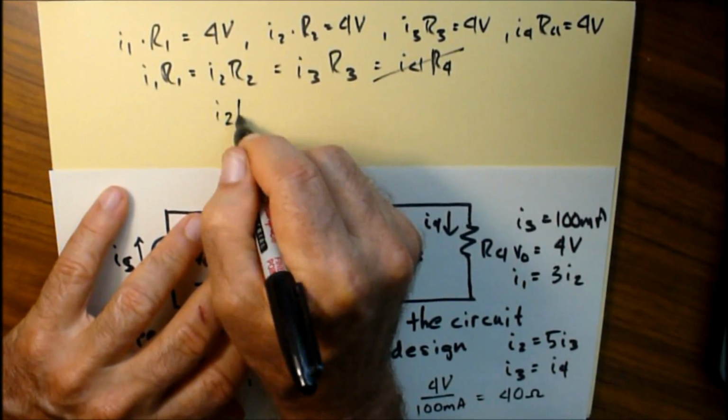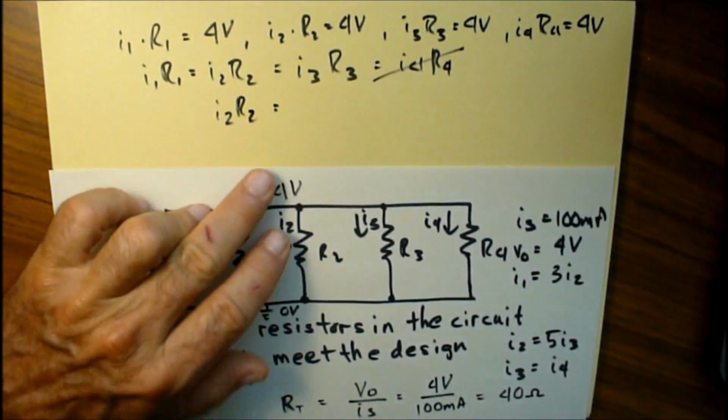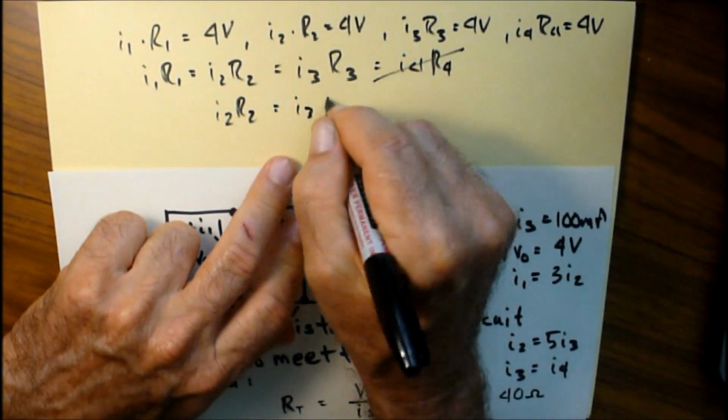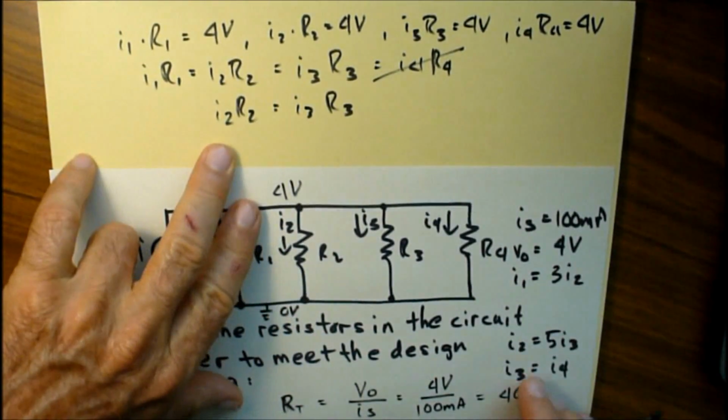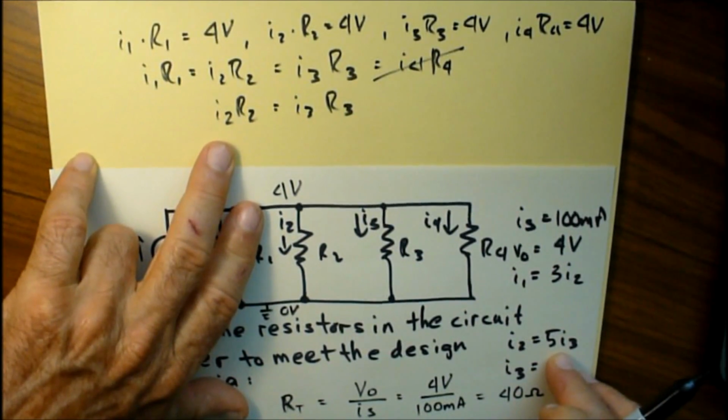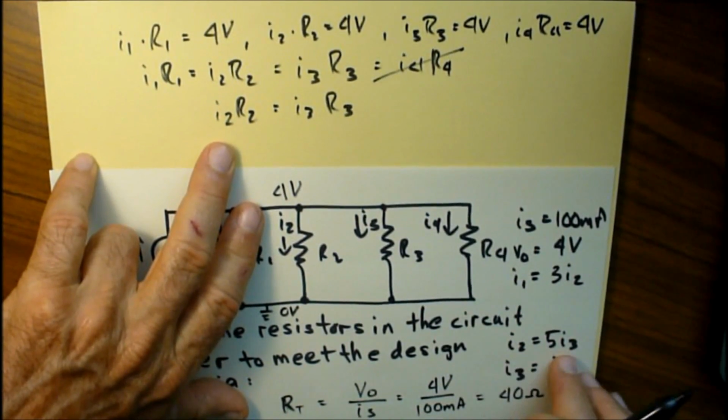I2 R2 is equal to I3 R3. Let's drop I2 into this one.